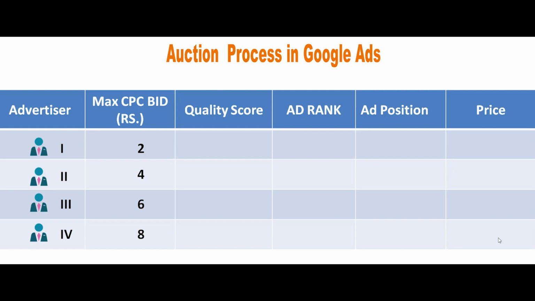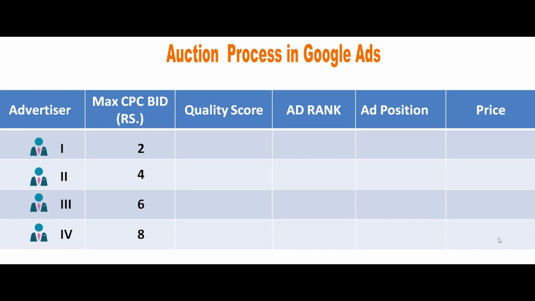Their bidding amounts are not known to each other. When someone searches for a keyword for which they have made a bid, the auction process will start. First, Google will calculate the quality score of each advertisement based on parameters like relevance of keywords, quality of landing pages, and the expected click-through rate.